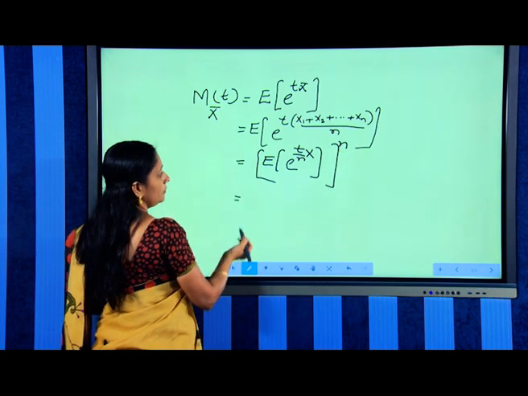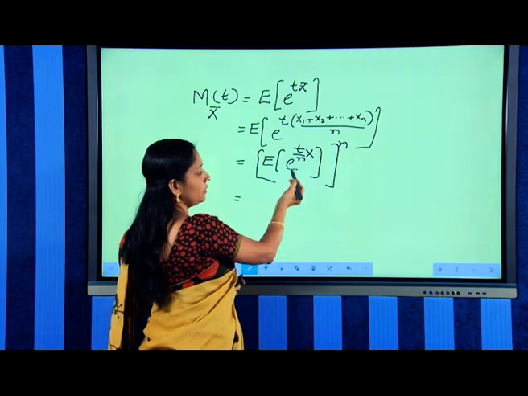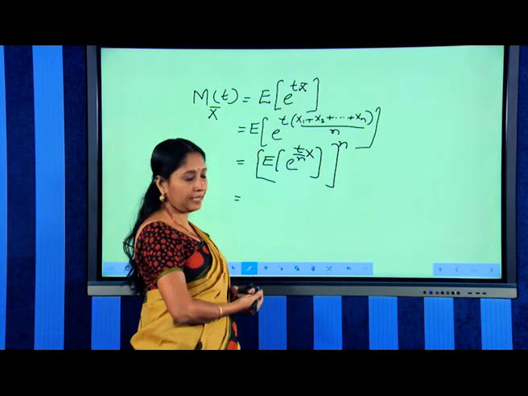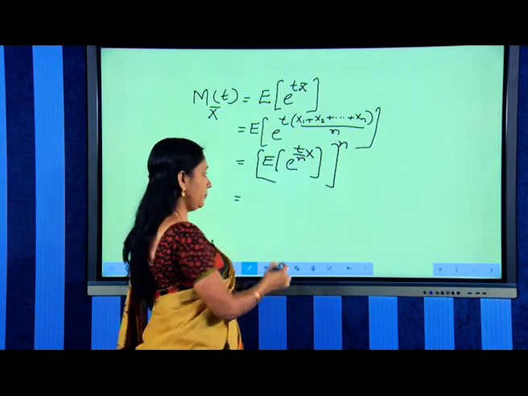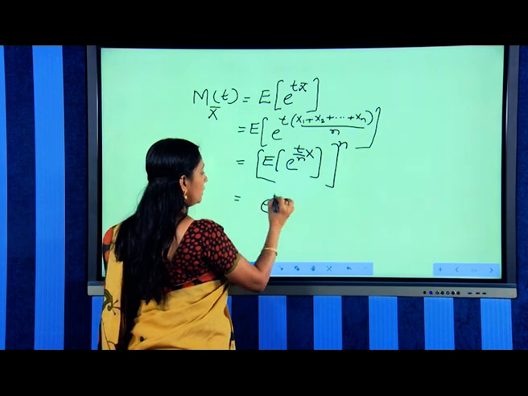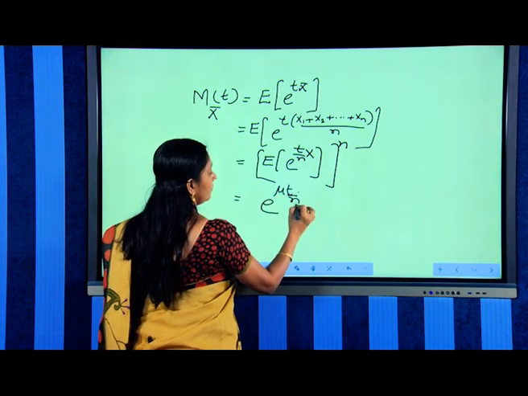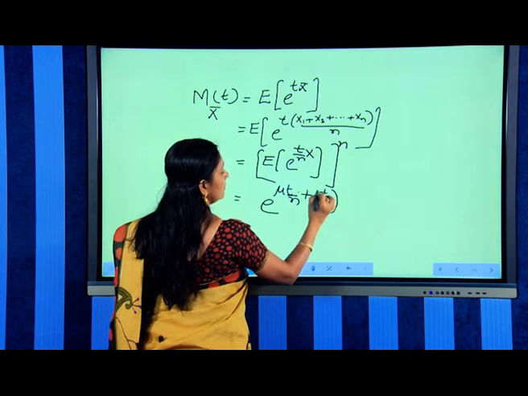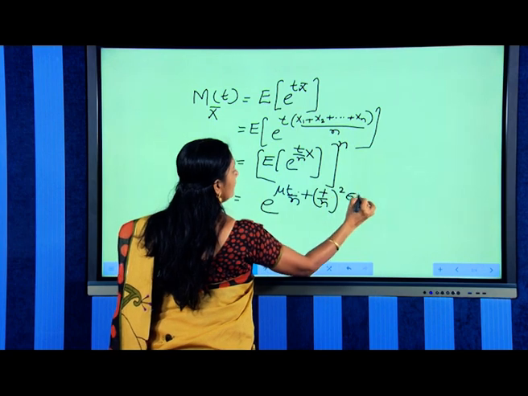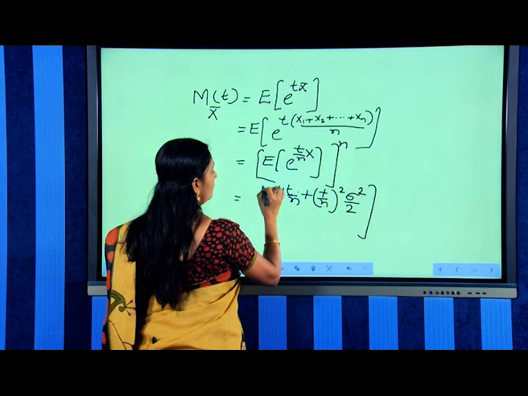Now, this expectation is the moment generating function of the random variable x, that is the moment generating function of the normal random variable. So, it is equal to e raised to mu t by n plus t by n square sigma square by 2 the whole raised to n.